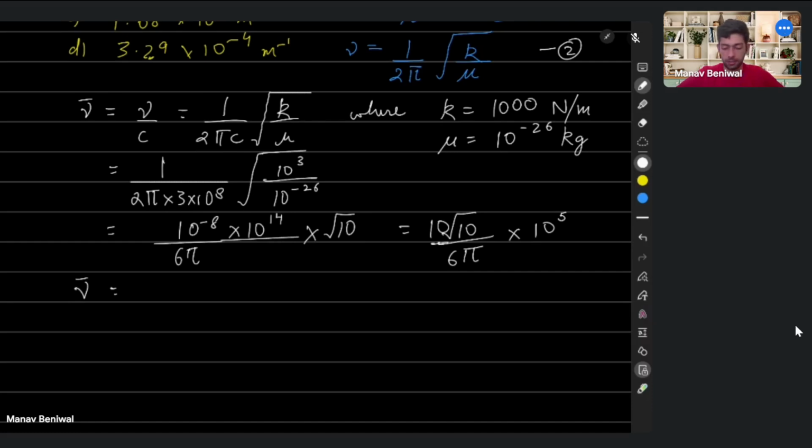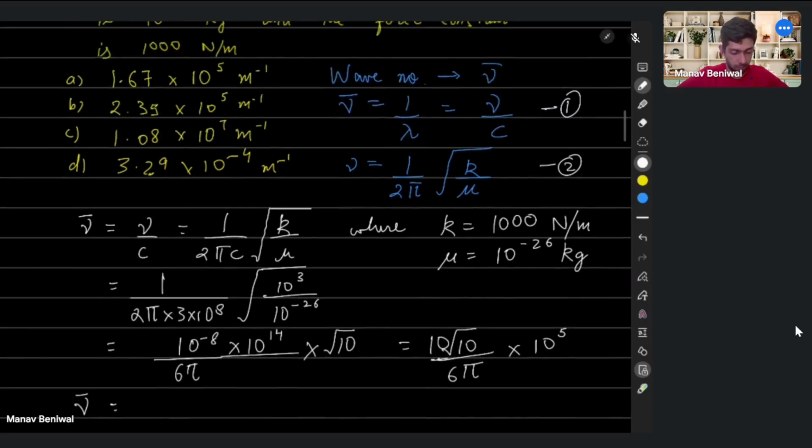And now let us use calculator. Put in the value of 10 root 10. This is 31.6, and then let's divide this thing by 6, and finally divide this thing by pi.